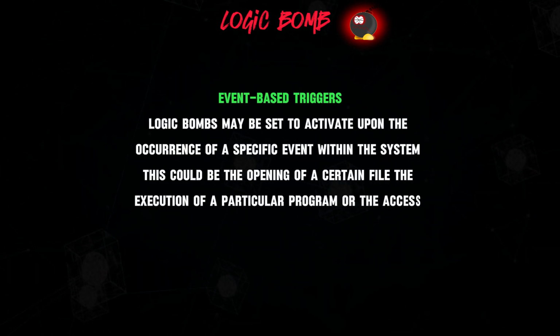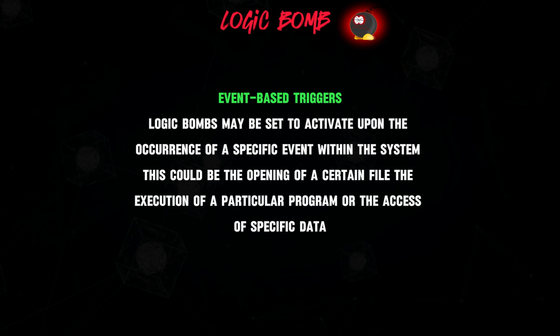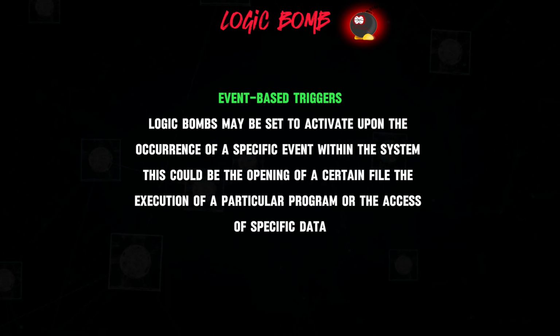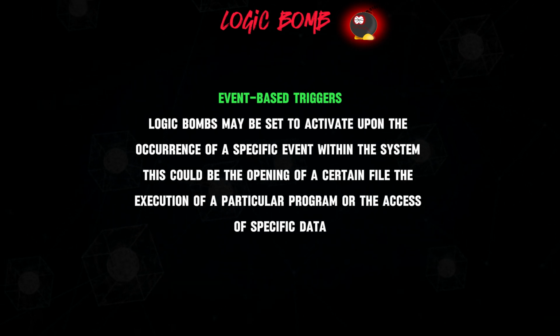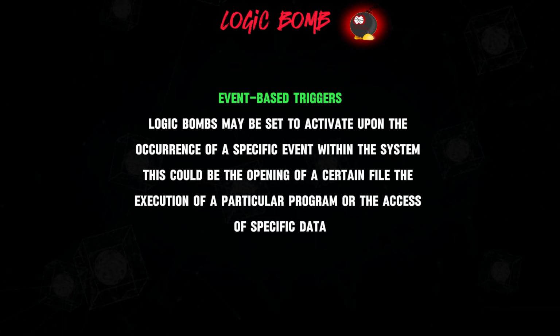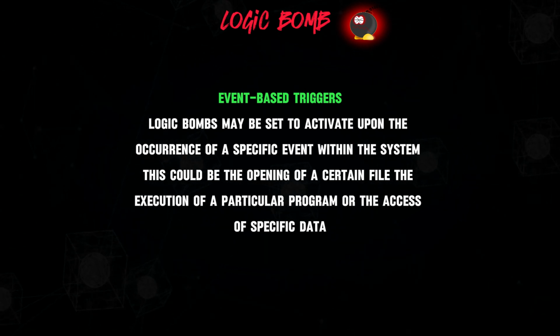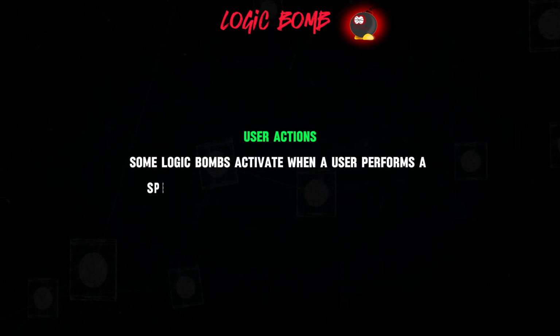Event-based triggers. Logic bombs may be set to activate upon the occurrence of a specific event within the system. This could be the opening of a certain file, the execution of a particular program, or the access of specific data. User actions.